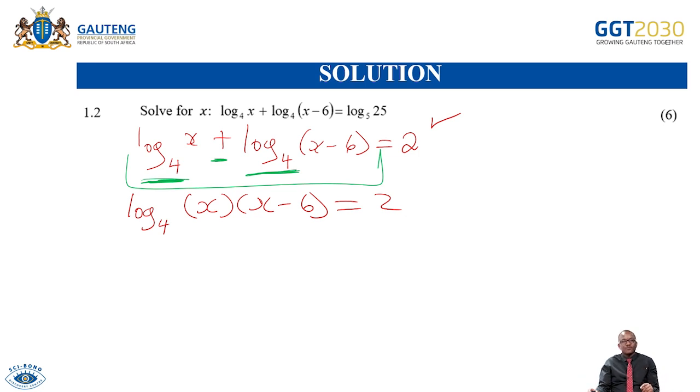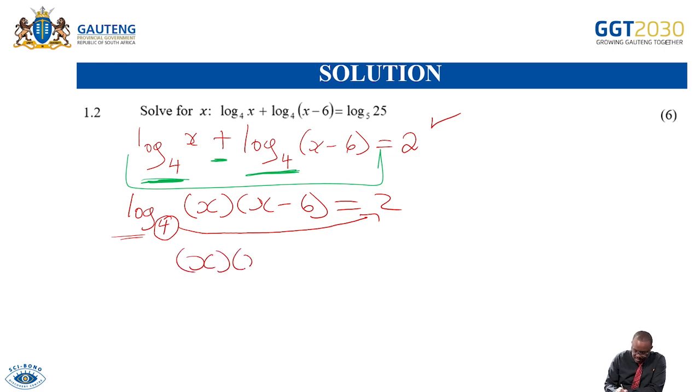Then what do we do from here? We want to now remove the log. How do we remove this log? We take this 4. It will be the base on your right hand side, and it will be the exponent of 4. So we are going to have x times x minus 6 is equal to 4 to the 2.